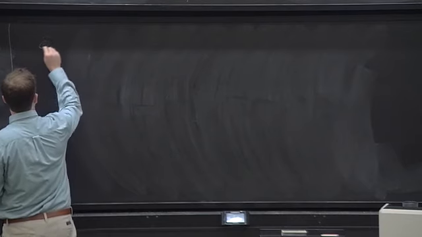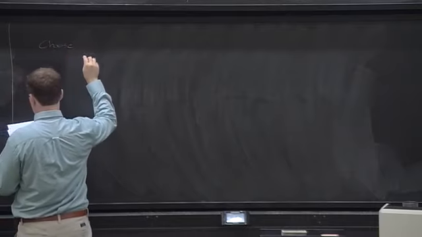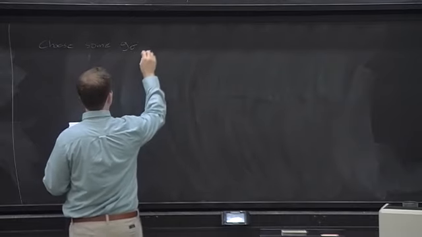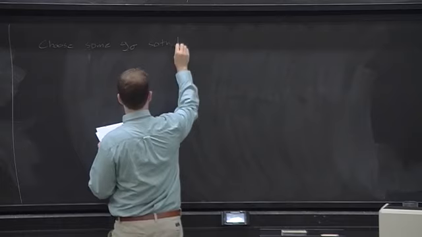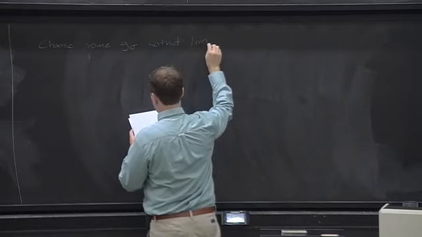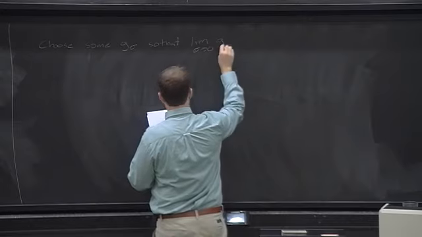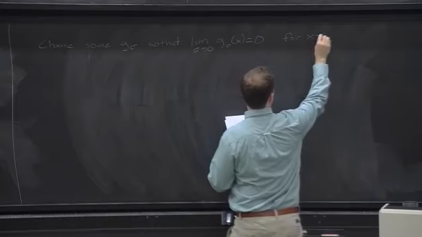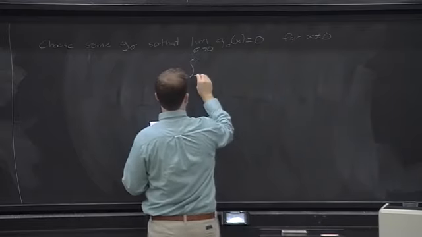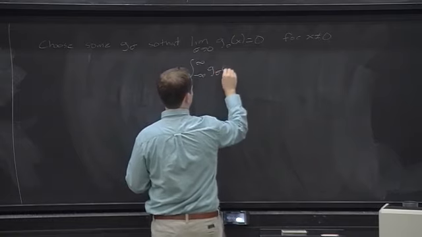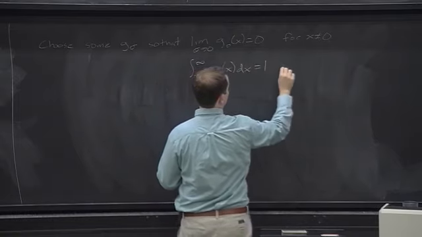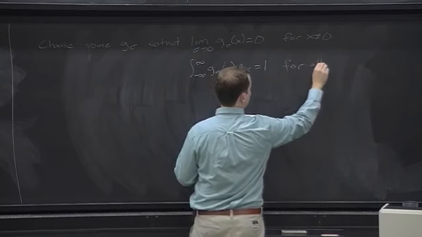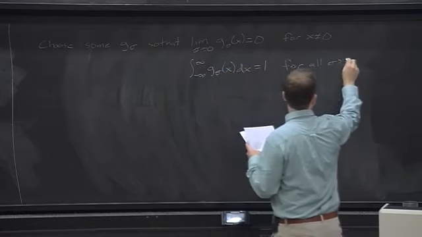Let's choose some d sigma so that the limit as sigma goes to 0 of d sigma is 0 for x not equal to 0, and the integral of d sigma is 1 for all sigma greater than 0.